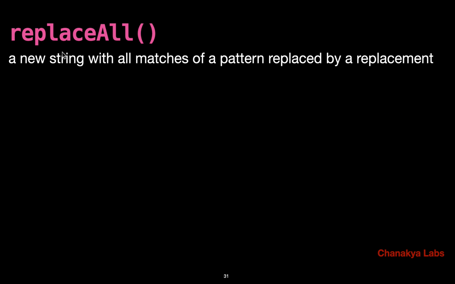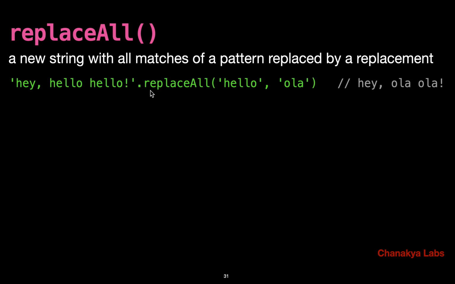Now, as we were saying earlier, replace all is another thing. And again, we could have done replace all with the global G flag, if we provide a regular expression, that can also be used. But now this is simpler to use, because even without regular expressions, we can achieve that same thing. So we simply say this thing dot replace all, and both are simple strings. So hello replace with Ola.